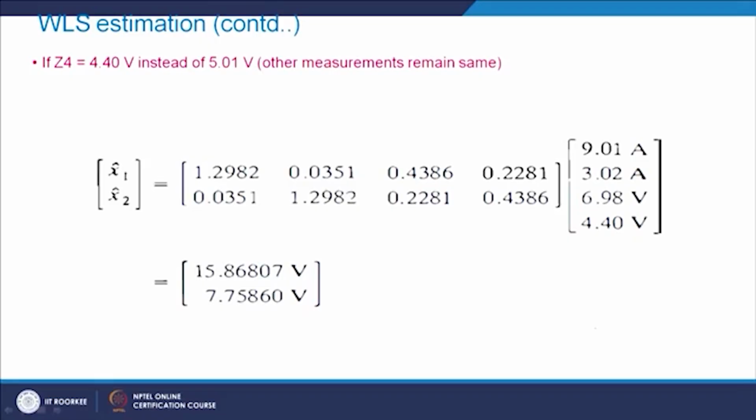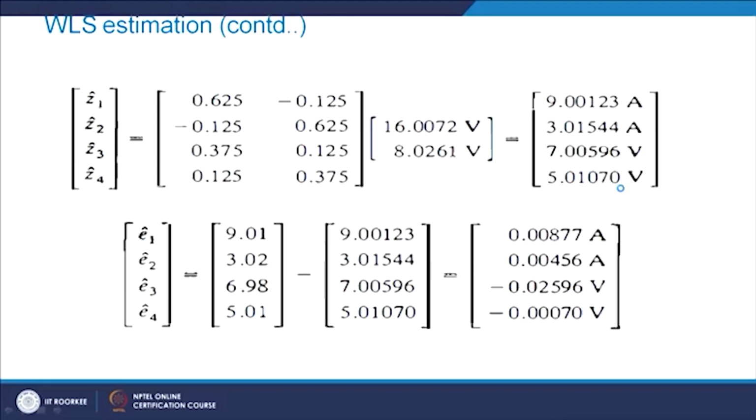Now, unless I have some other means to know whether this meter has gone out of order or not, we have to accept this value 4.4 as the correct value given by this meter. If we use 4.4 and do the same analysis again, I get this value.